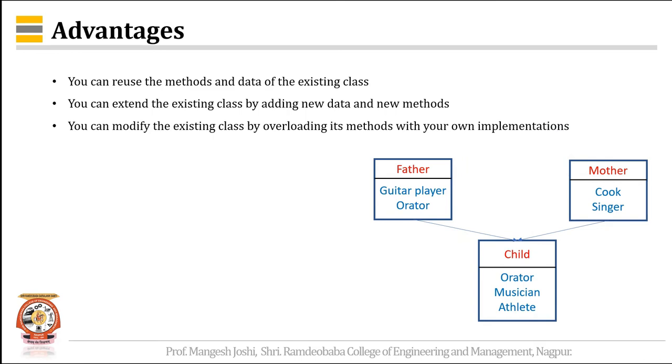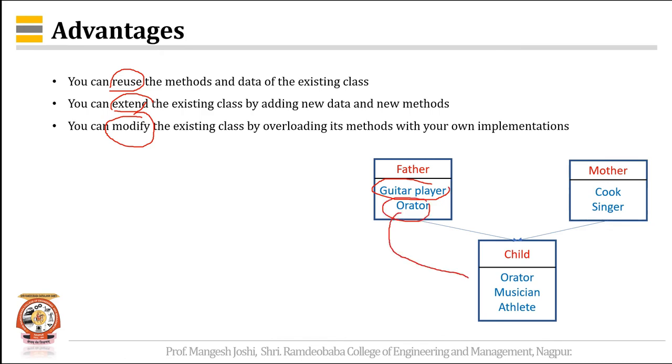Now what are the advantages of this? We can reuse the methods and data of an existing class. Then we can extend the existing class by adding new data and new methods. And you can also modify the existing class by overloading its methods with your own implementations. As we have seen, the guitar player property or orator property is reused.